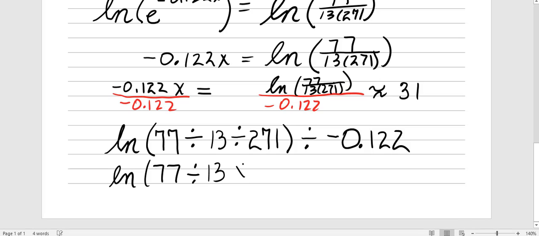A lot of people will enter this like this, even if they have the parenthesis, and that's going to be wrong, because that puts the 271 in the numerator rather than in the denominator. Now, if you do want to enter the 13 times 271, that's fine, but you'll have to parenthesize that as well. To me, it's easier to just do a double division as I did in the beginning.